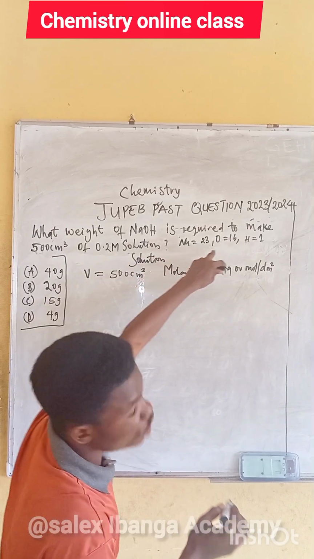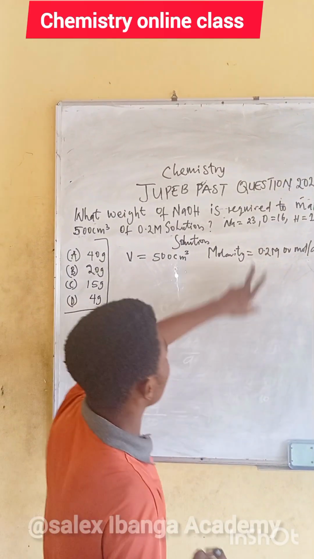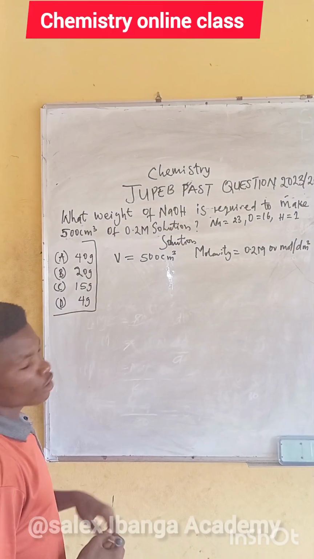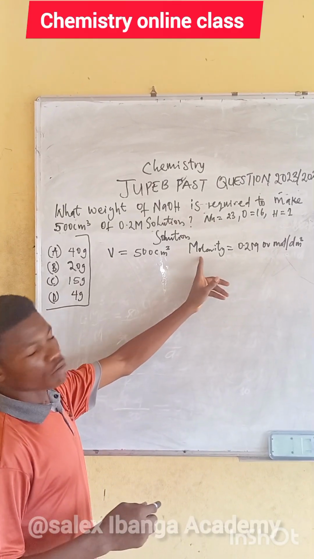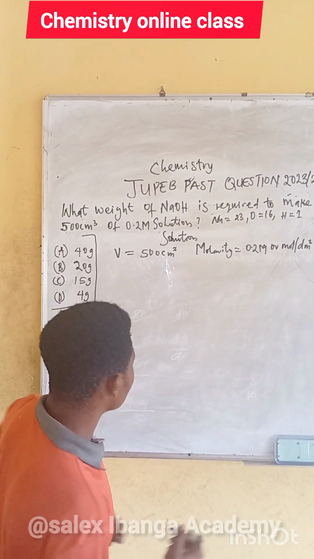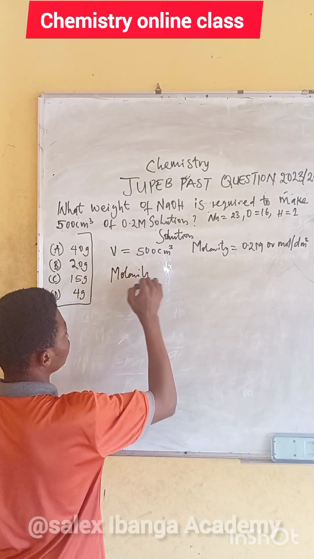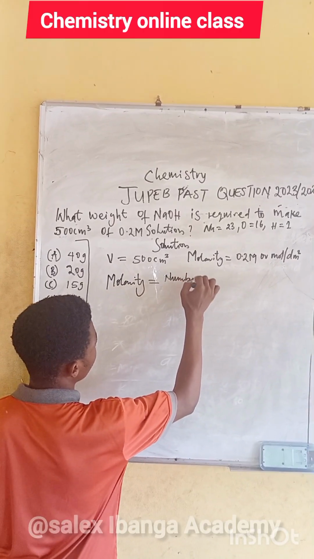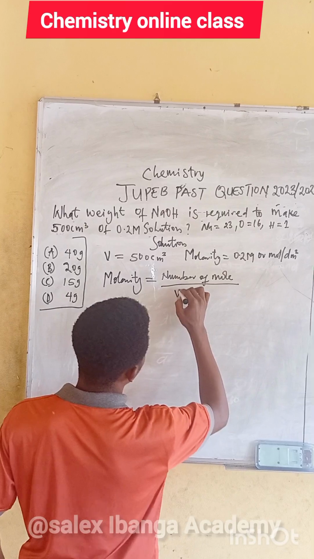And then we have all these ones, the molar weights, molar mass of each of those elements. So now, looking at this question, first and foremost, this is the key topic of this particular question. You know that molarity equals number of moles divided by volume.